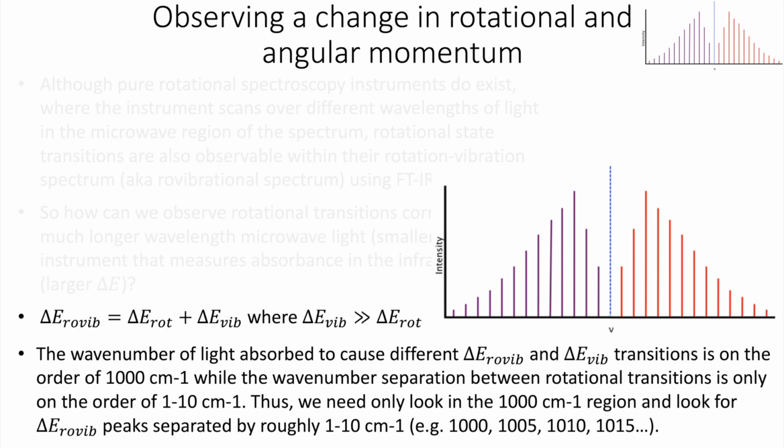Thus, if we look in that 1,000 wave number area for peaks that are separated in that region, for example, we might see a peak at 1,000, then 1,005, then 1,010, then 1,015. That's how we can see these things: we are looking in the region for the vibrational absorbance, but we're going to see little deviations in that due to the rotational changes.